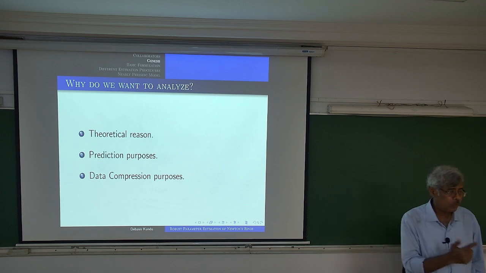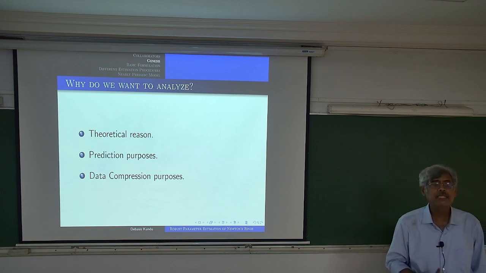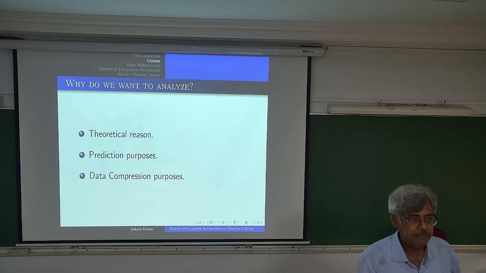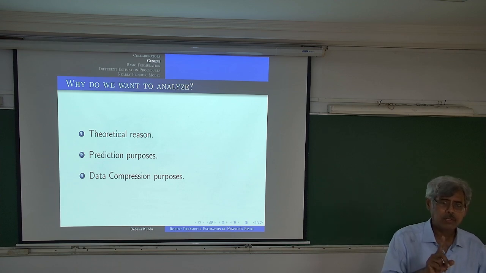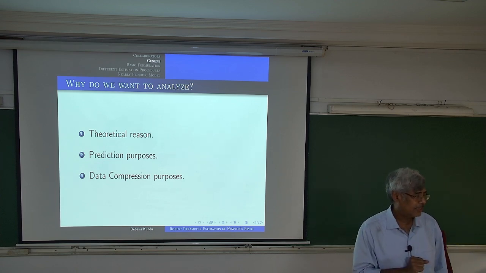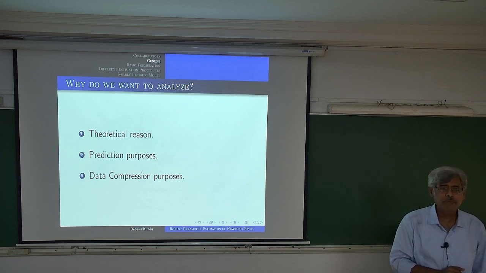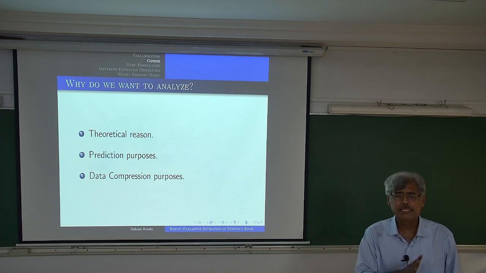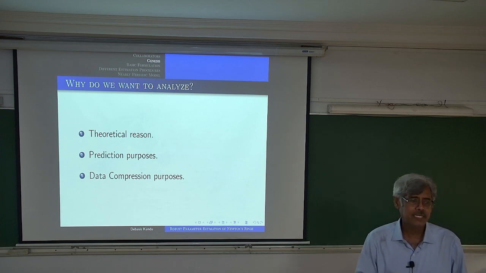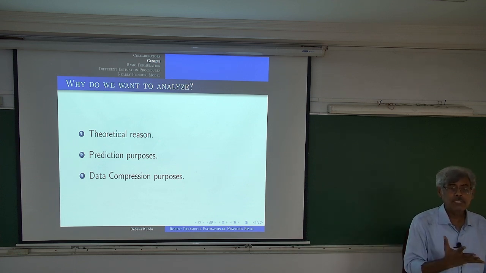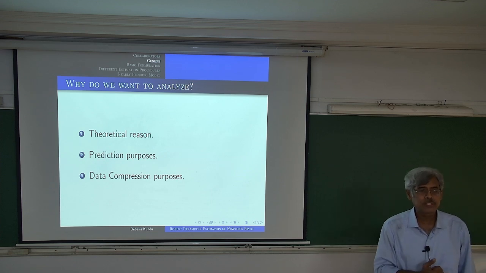When you are talking about data compression, I think in today's world it is becoming more and more relevant. I'll give you one or two small examples. Suppose you are looking at ECG or EEG data. They are periodic in nature. Suppose you have a very good model for those.